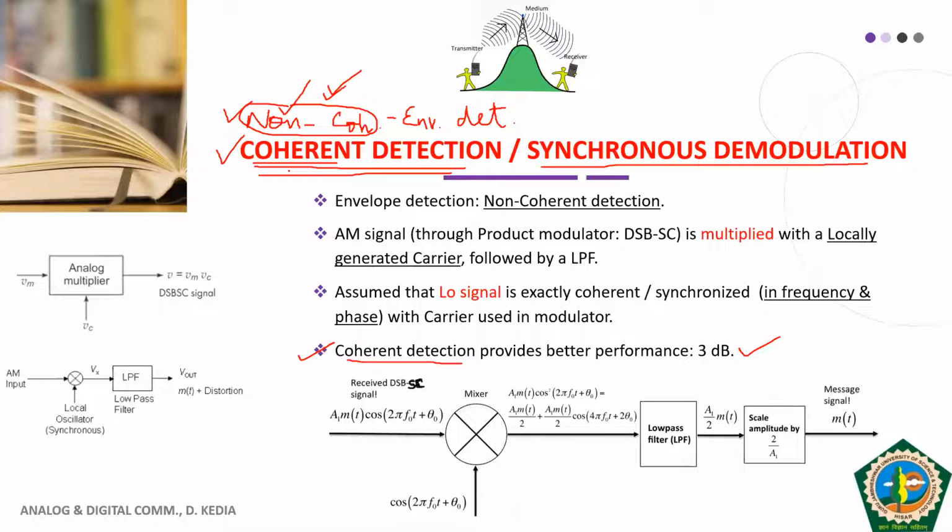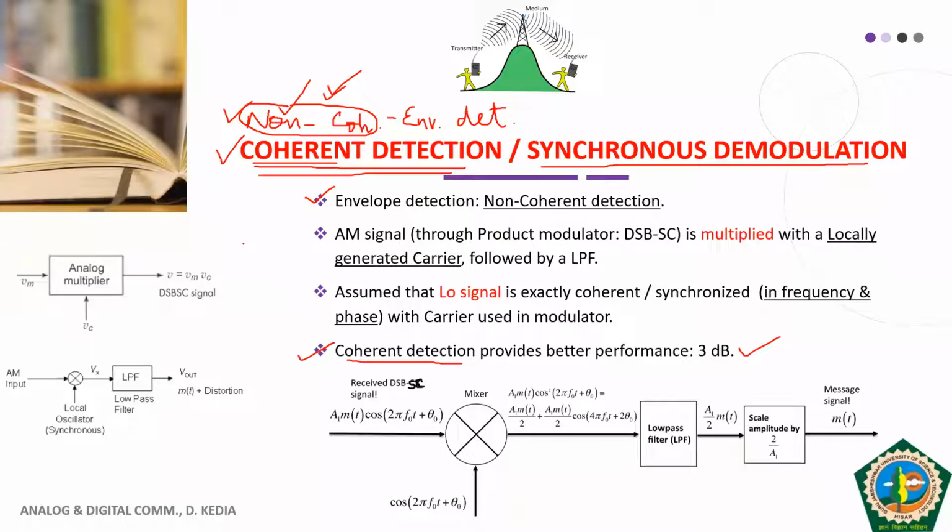Depending on what we want, we have to go for either coherent or non-coherent detection. I think I have made my point very clear. As I told you, envelope detection is nothing but non-coherent detection. Now we will discuss coherent detection.